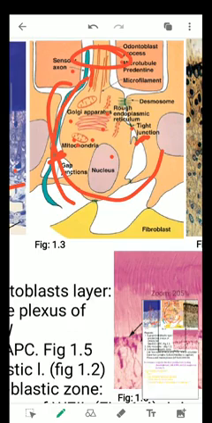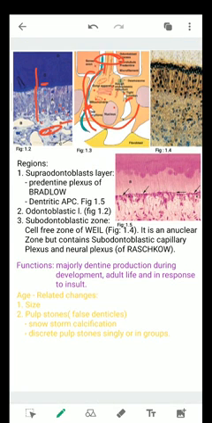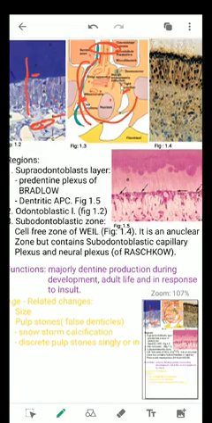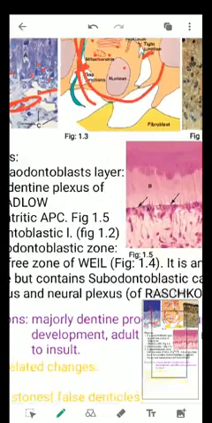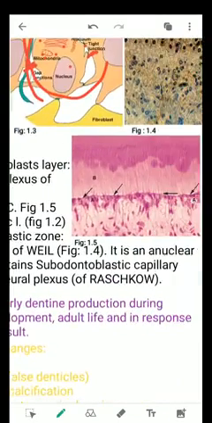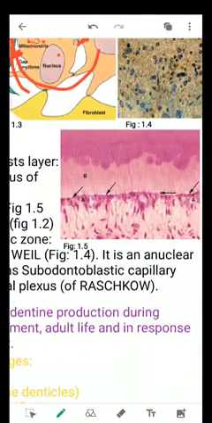So we have the regions. We have the supraodontoblast layer, the odontoblastic layer, and the subodontoblastic zone. Now, the supraodontoblast layer can be appreciated when we have a shrinkage of the pulp.